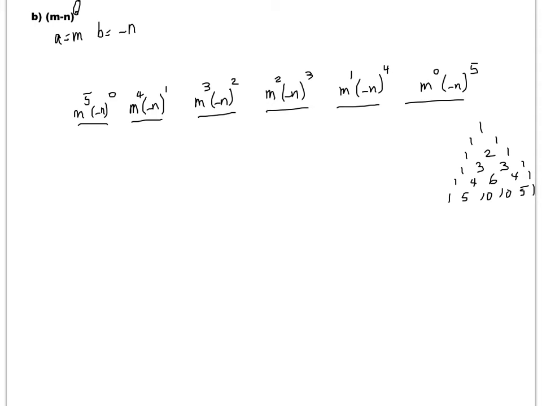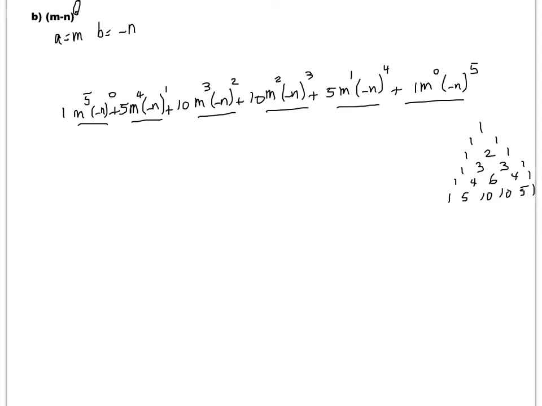Since there are 6 terms here, I'm going to stop and put these terms beside each term in my expansion. So 1 here, then 5 plus 5 plus 10 plus 10 plus 5 and plus 1.